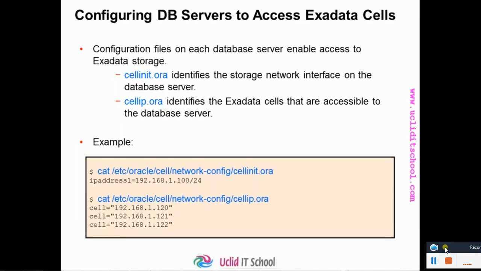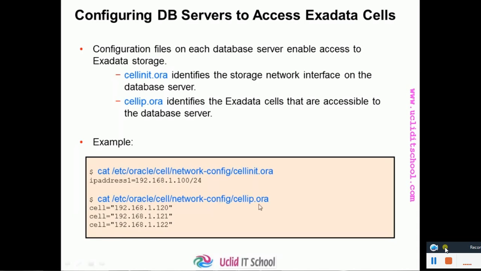So out of these many interfaces, which interface should be used to communicate with the storage servers? That interface detail is in the form of IP and subnet mask. On the real hardware, this is obviously your InfiniBand network, because on the real box, the InfiniBand interface is used to communicate with storage servers. That way, the database server knows with which interface it needs to communicate with the storage servers.